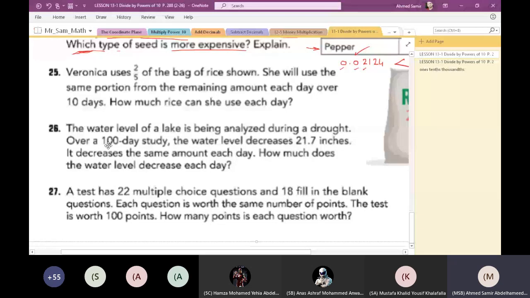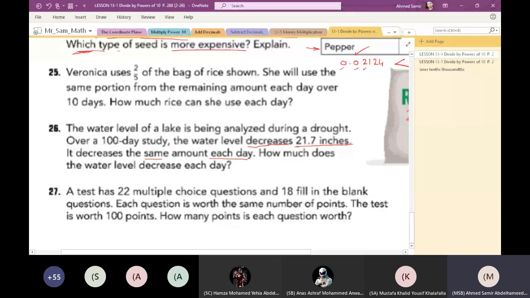The water level decreases 21.7 inches after 100 days. It decreases the same amount each day. How much does the water level decrease each day?